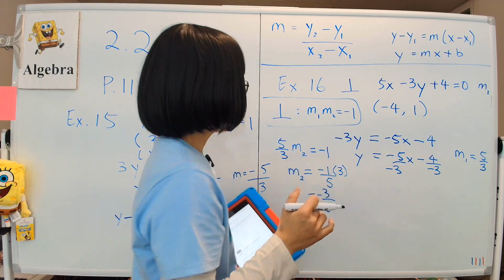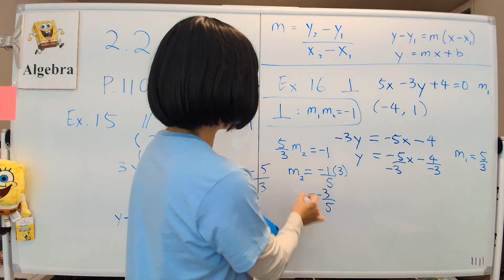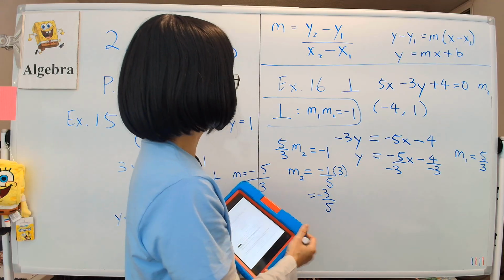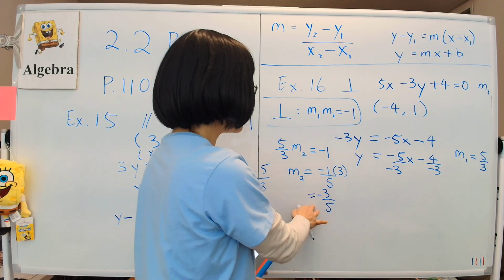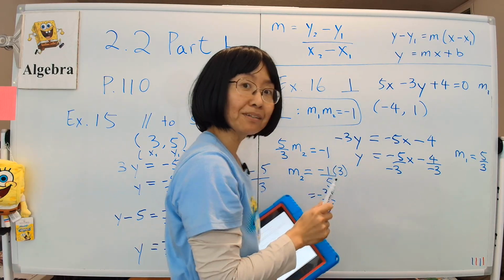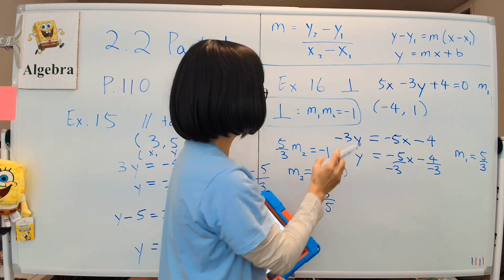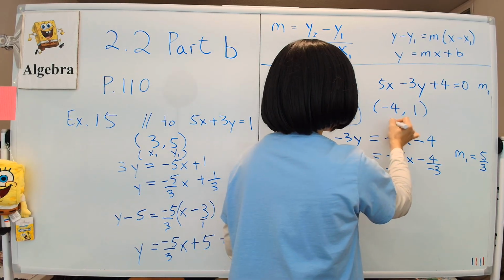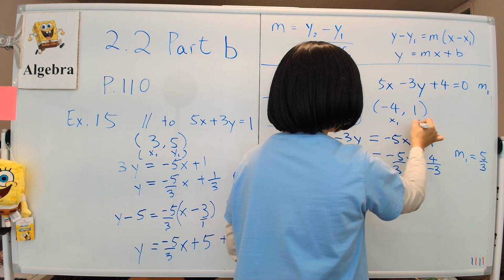So that's good. Now we have m2, and we have a point. So we have a slope and a point. Therefore, we're going to use the point-slope formula, the one on top. To use it, this is x1, this is y1.